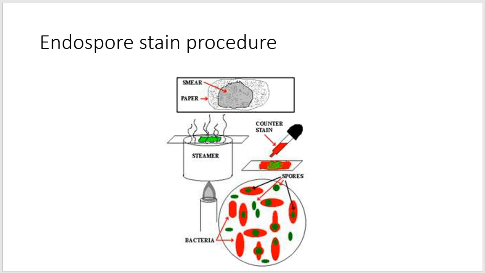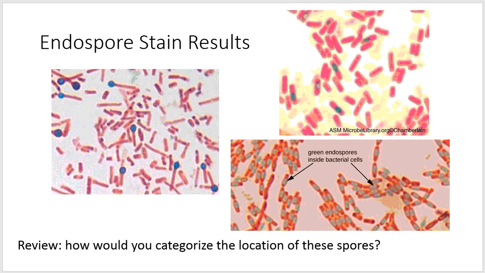For example, here are some images that I've pulled from the internet that I think make good examples of what we're looking at here. And notice the endospores themselves are stained a different color, so this is a differential stain, and we can see in this example the endospores look like they're very much swollen ends of the bacillus, so we would probably call those terminal.